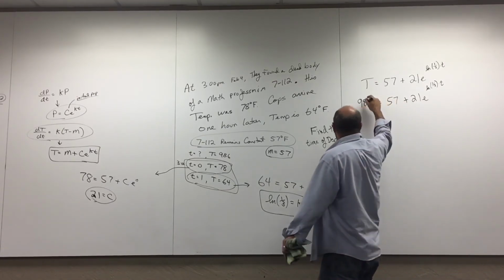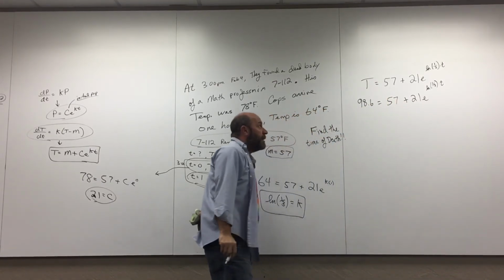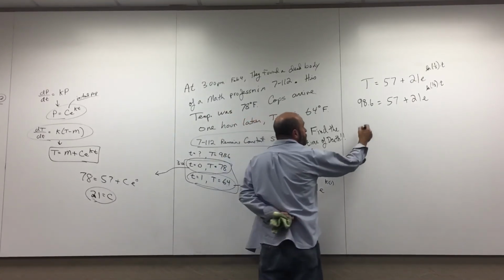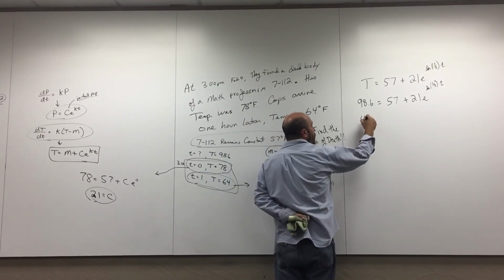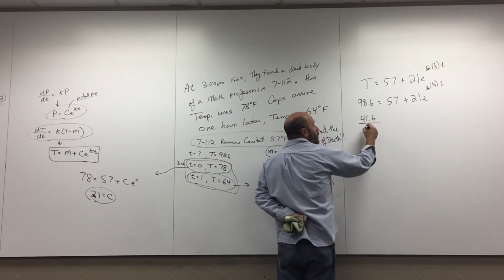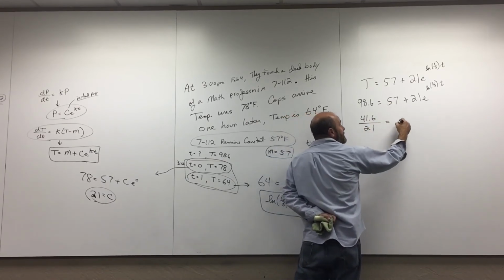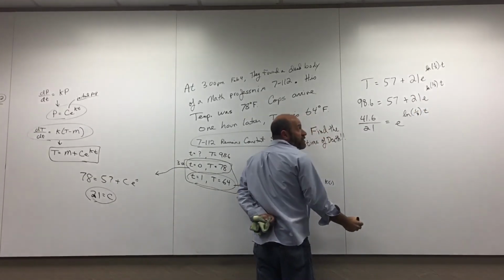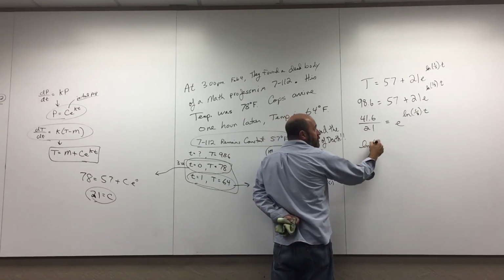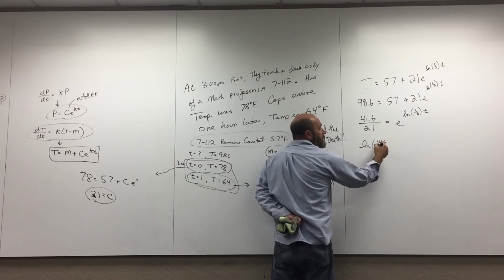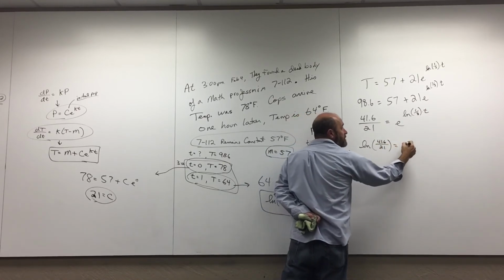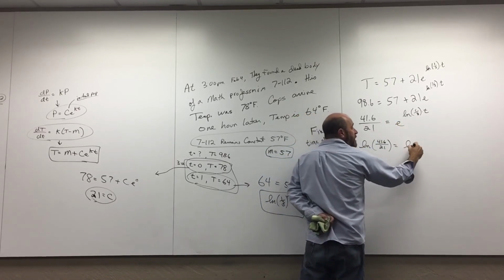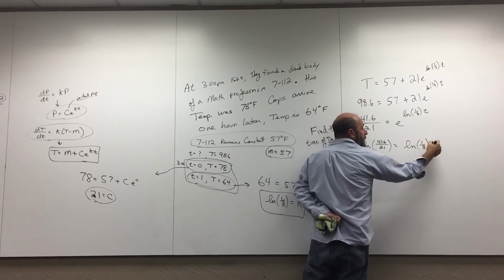Takes a little bit of algebraic moves here. Subtract 57. 41.6. Divide by the 21. That equals this e to the log of 1/3 times t. I think I'll take the log of both sides. The natural log of 41.6 over 21 equals, the log kills this e, it leaves me with this log times t.